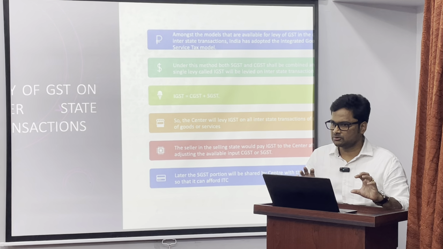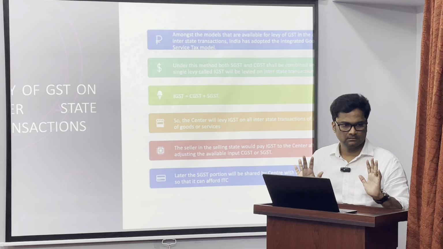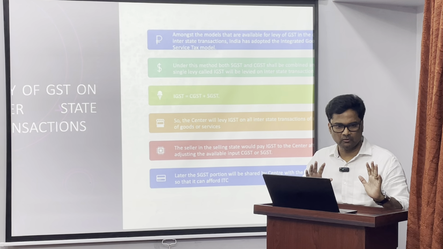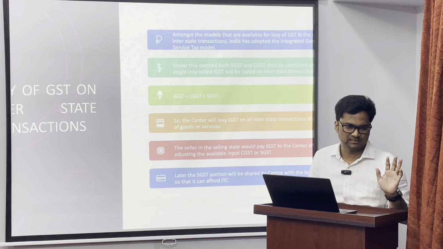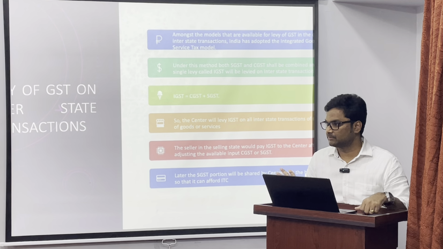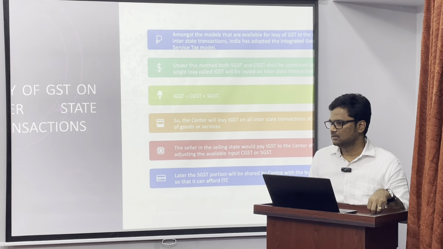Now you understood why these concepts? So far you were only reading: intrastate levy, SGST, CGST; interstate levy, IGST. But this is the reason, this is how they evolved. Once they said GST, then they said CGST, then SGST, then IGST.